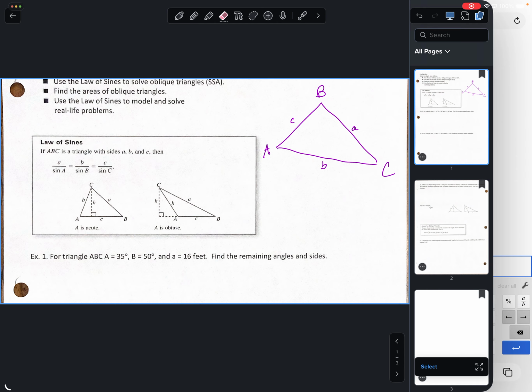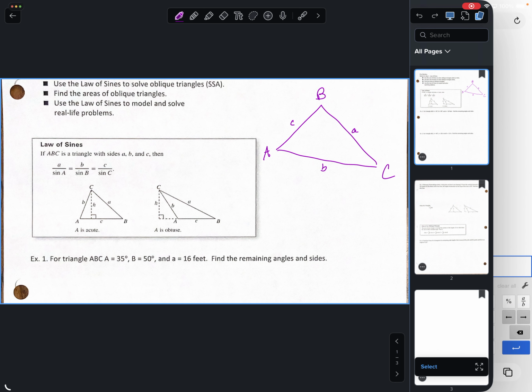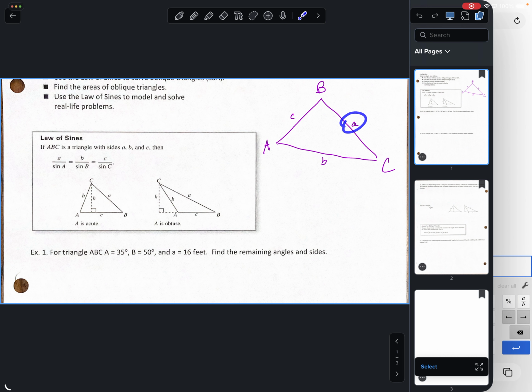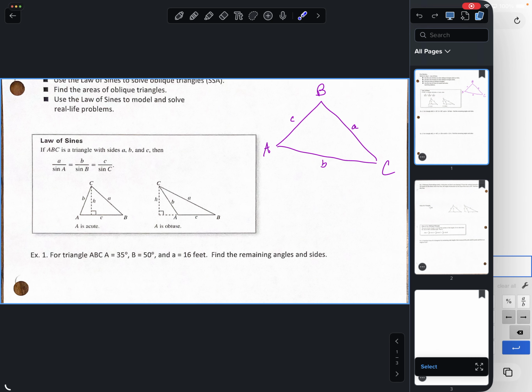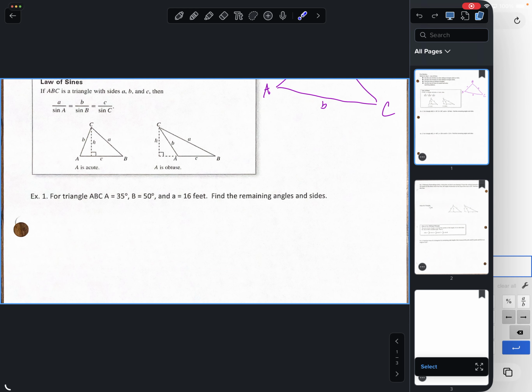And so it is just the length of a to the sine of A is the same ratio as the length of b is to the sine of B, is the same ratio as the length of c is to the sine of C. And you just work with the information you have and set this up. Hopefully you have 3 items and you're looking for a 4th that fits in there. So what does that look like?